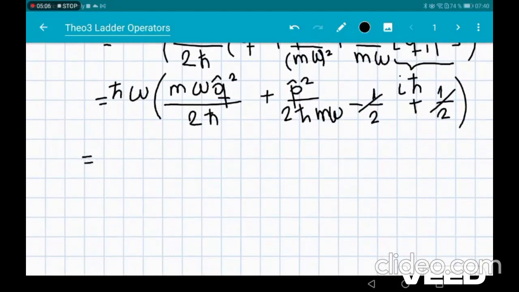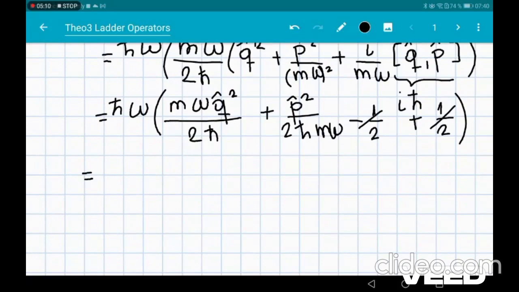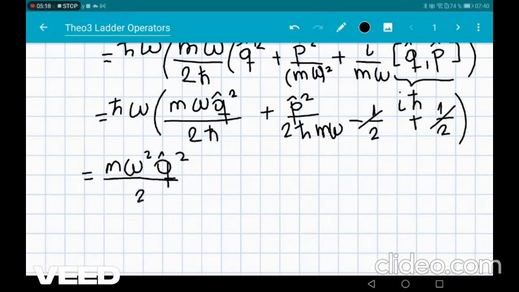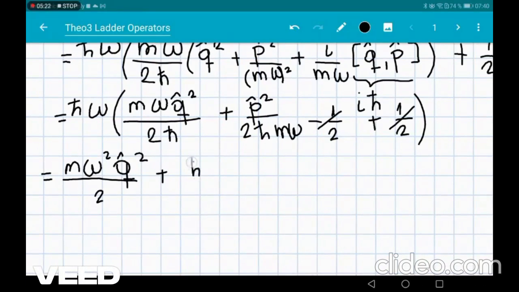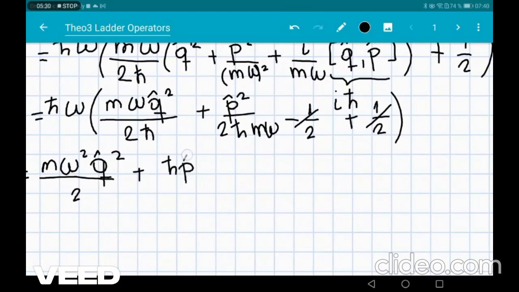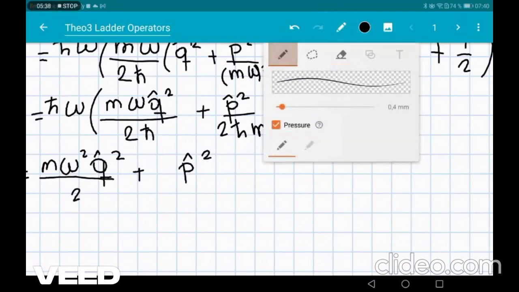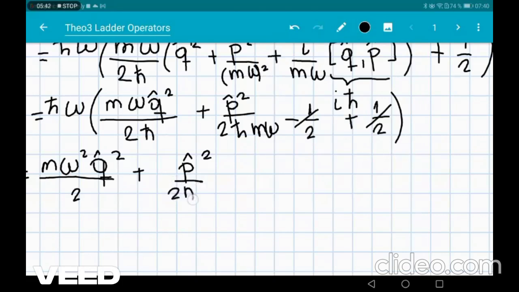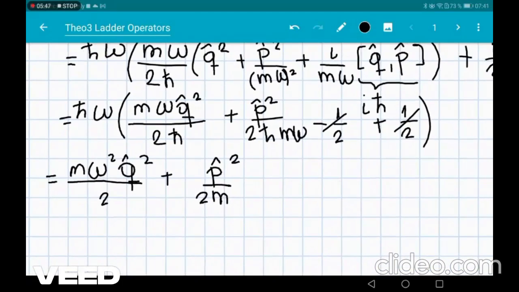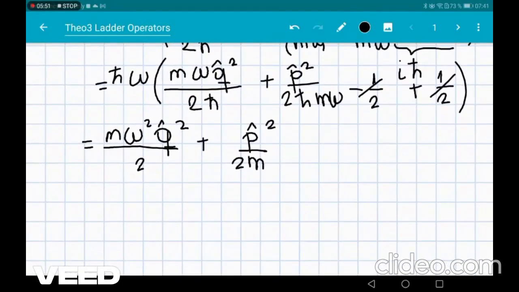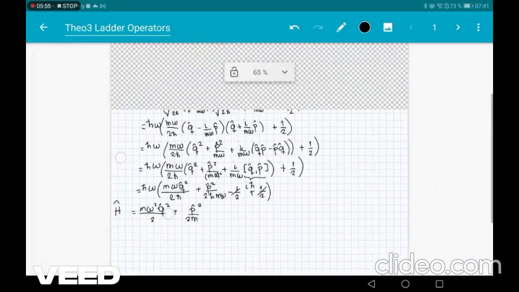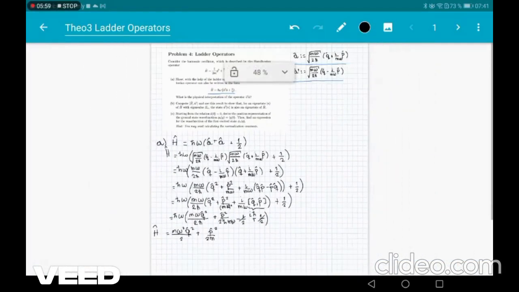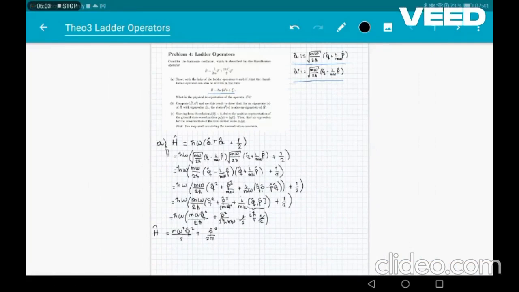If we expand those brackets as well, we get m omega squared q squared over 2, the omega cancels the other omega, the h bar also gets cancelled, so we only have p squared over 2m. So that's the Hamiltonian, and if we compare that to the original expression, we can see that it's basically the same expression.